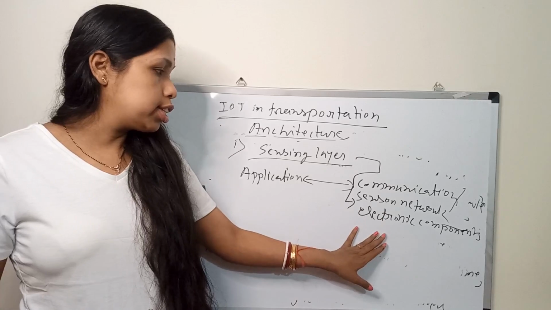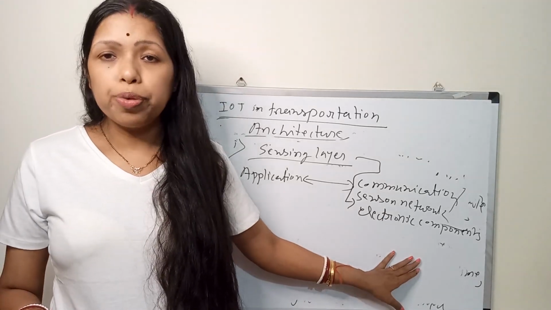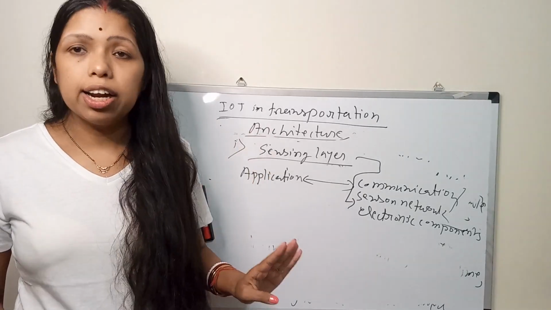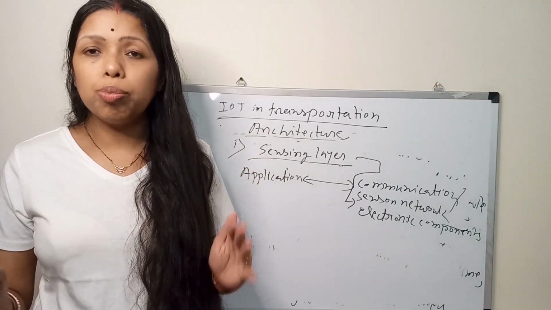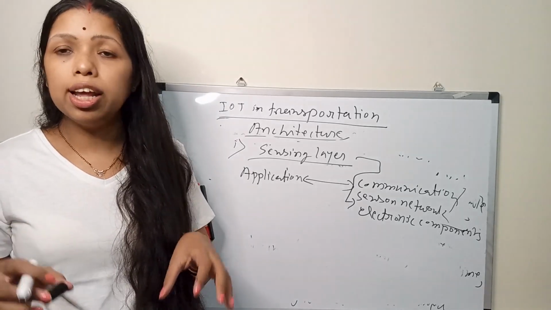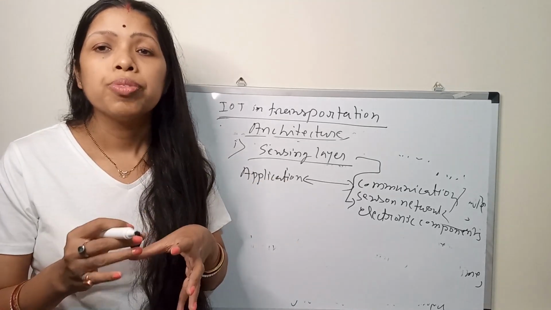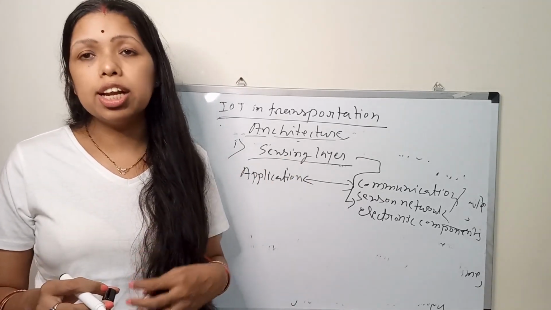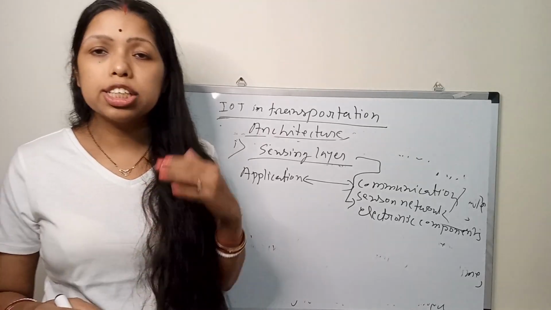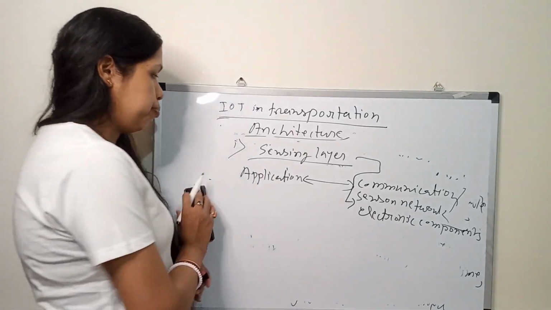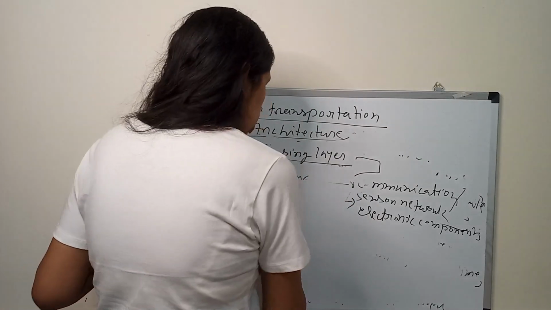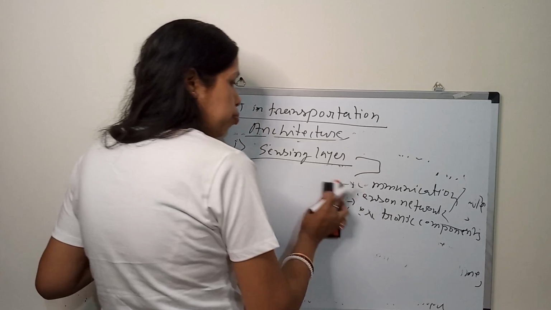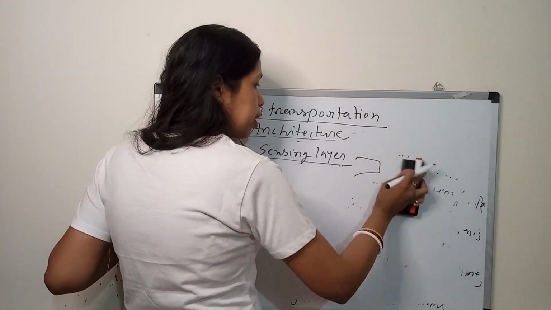So for the sensing layer, you need different kinds of electronic components, and all the electronic components are embedded into the sensing layer. It is a sensor hub, and by using it we are collecting or detecting the application layer data. This is about the sensing layer. The parking related data, vehicle data, and passenger related data can be detected by the sensing layer.